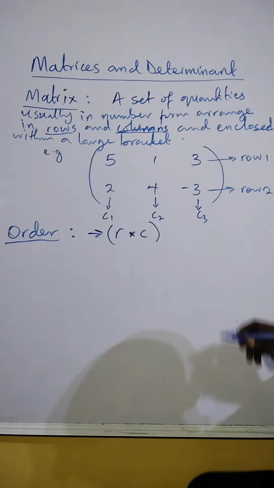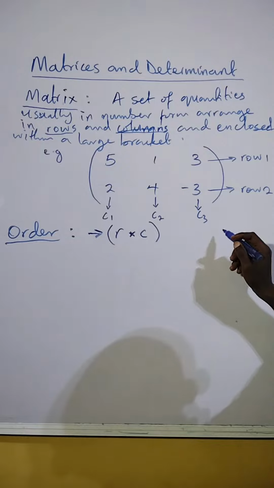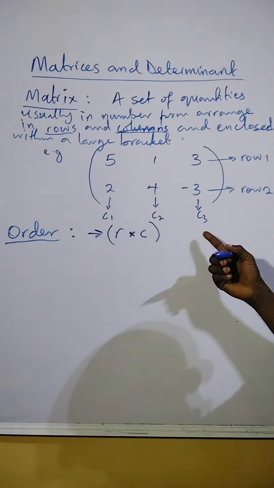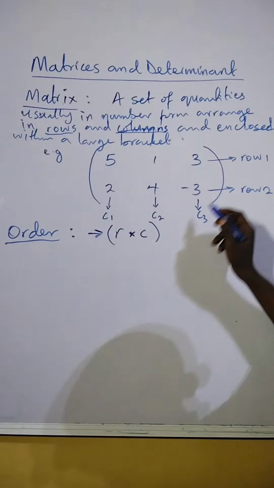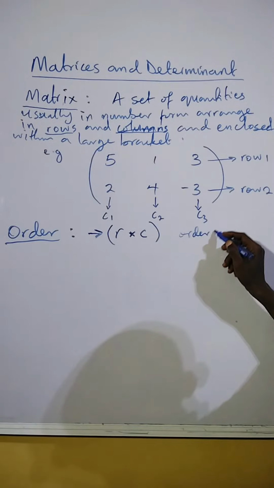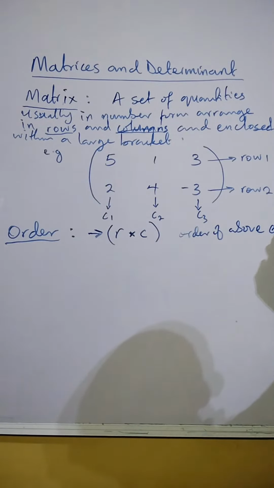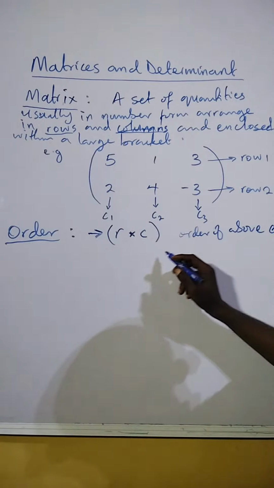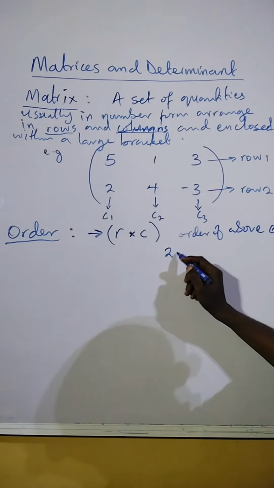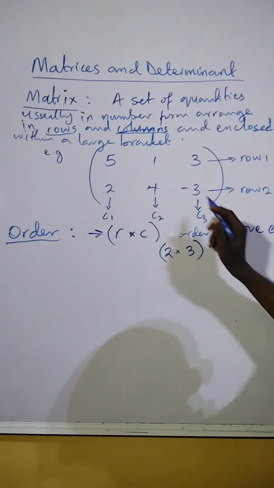So for example, in the example above, the order of this matrix, in the form of row by column, is 2 by 3, which means we have 2 rows and 3 columns.